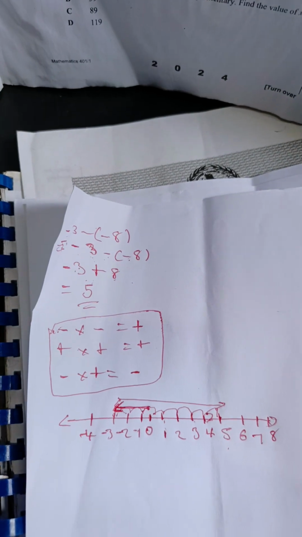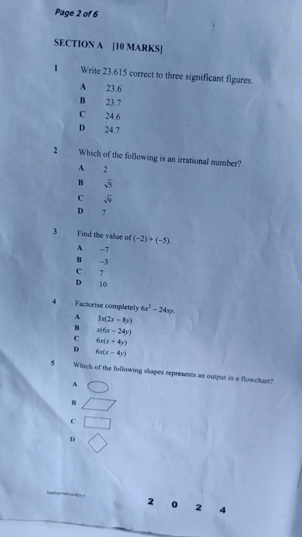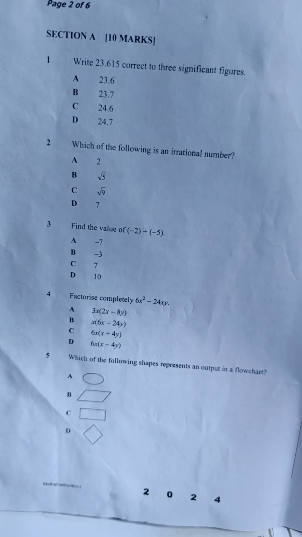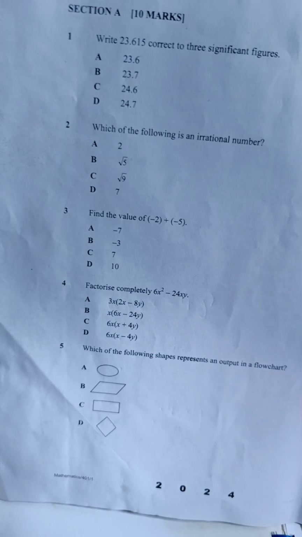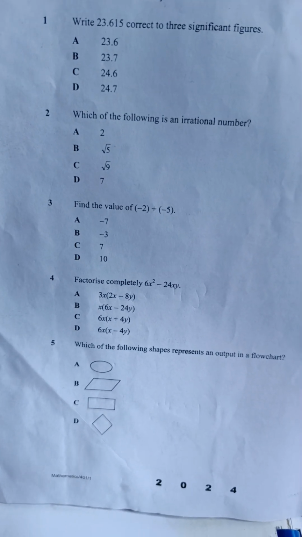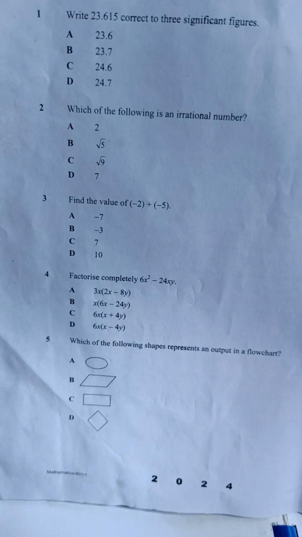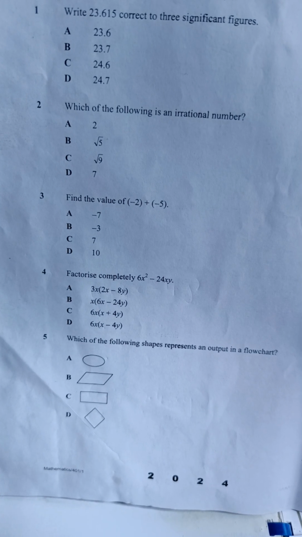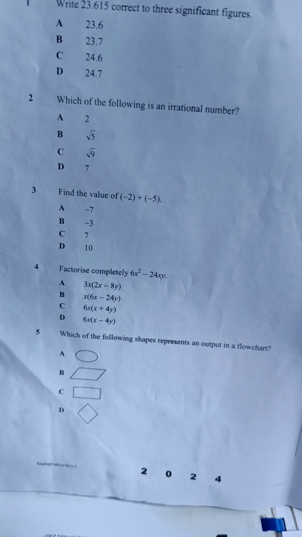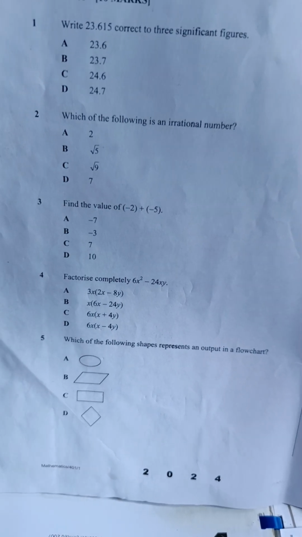So we'll jump into our next equation, next past paper. So here we are into another past paper. So we are going to get question 3, which says find the value of open bracket negative 2 close bracket plus open bracket negative 5 close bracket.